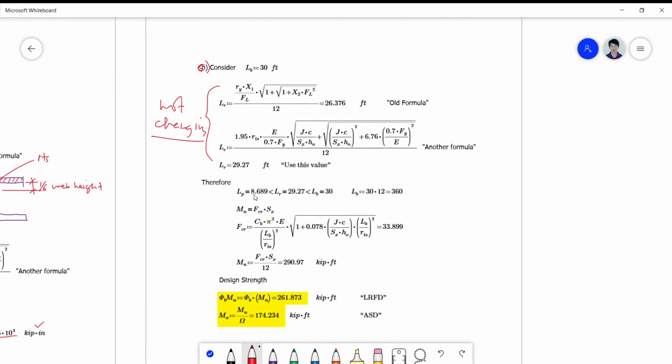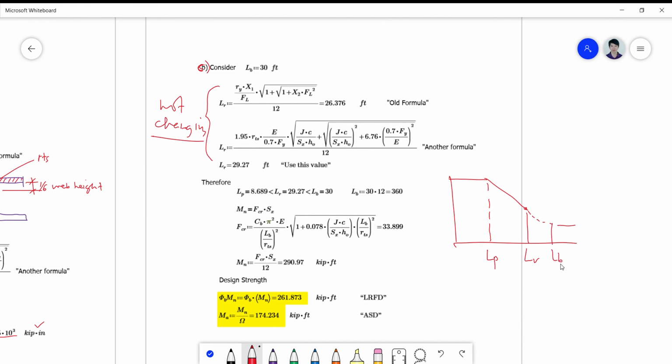So therefore, what changes is the LB requirement. Your LP, which is 8.689, is less than LR, which is 29.27, but less than LB, which is 30. Okay, so you are now on the slender side. So for your letter C requirement, this is your LR, this is your LP, and your LB is somewhere here.